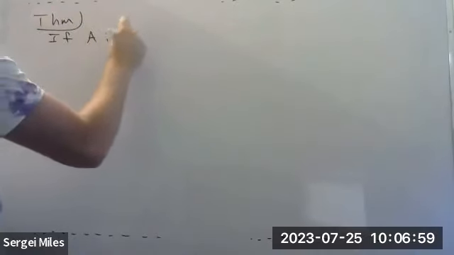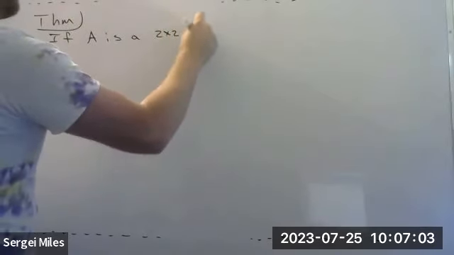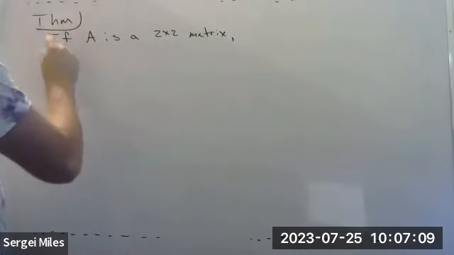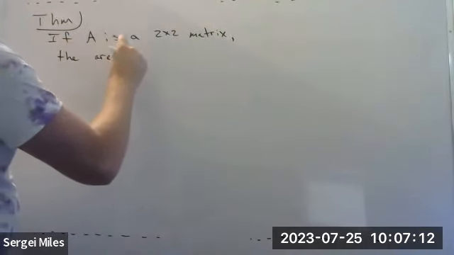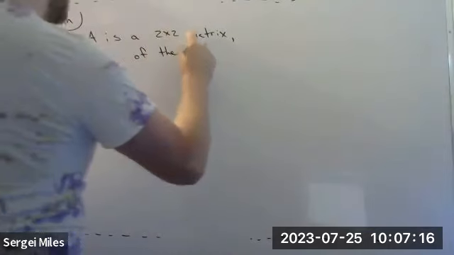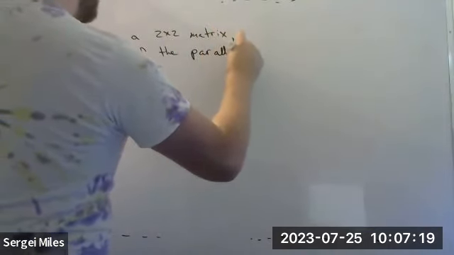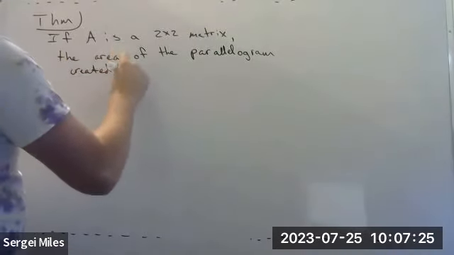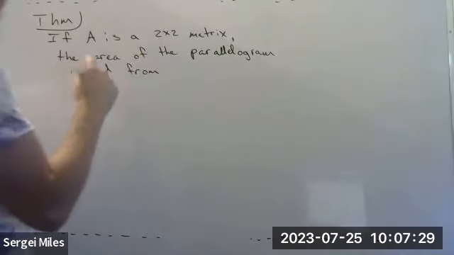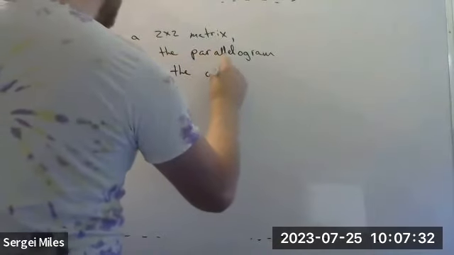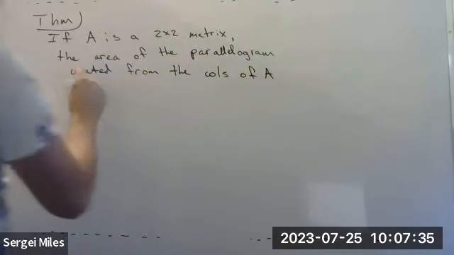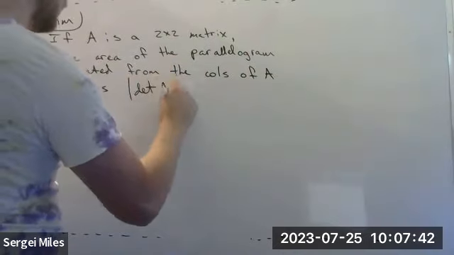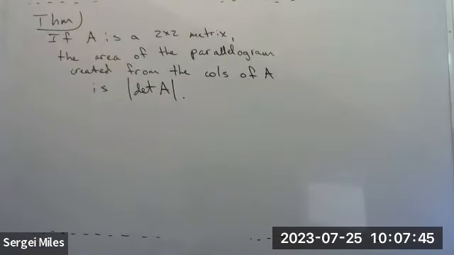If A is a 2x2 matrix, all right, the area of the parallelogram created from the columns of A is the absolute value of the determinant of A. Why am I taking the absolute value?